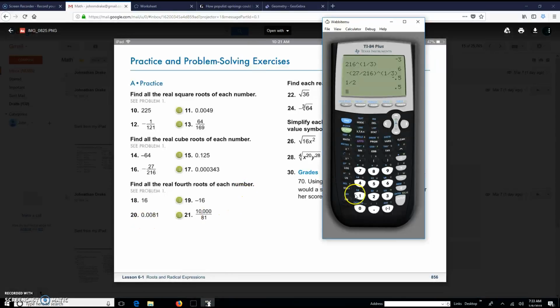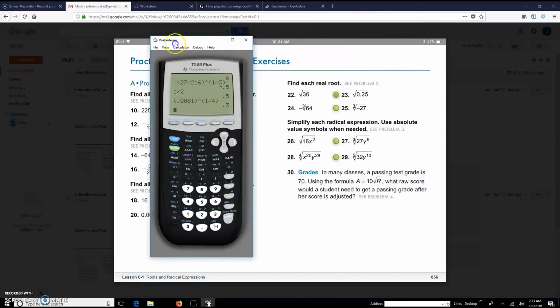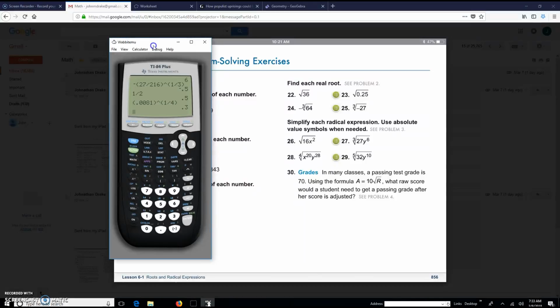Let's look at number 20. I'm going to take the 4th root of 0.0081 raised to the 1 divided by 4 power is equal to 0.3. Okay. 22 and 24 are pretty straightforward. Again, just use your calculator.